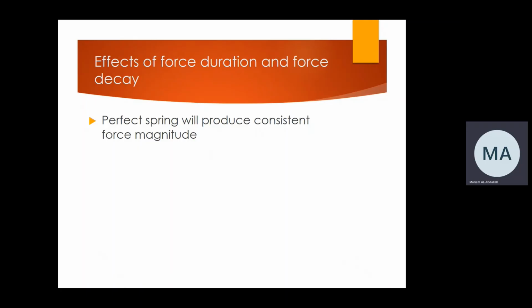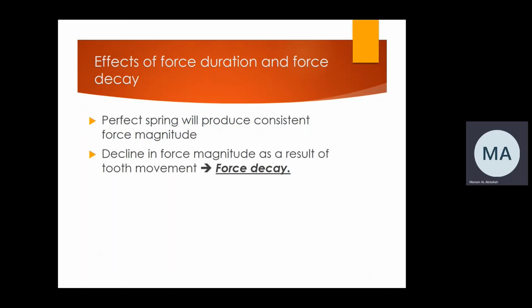Consistent force magnitude is not possible, because the moment the force is applied, the tooth will start to move within the periodontal ligament space, and then we will have the second messenger level threshold, and then a cascade of events that will end up with root bone resorption and tooth movement, right? So the force will not stay the same.